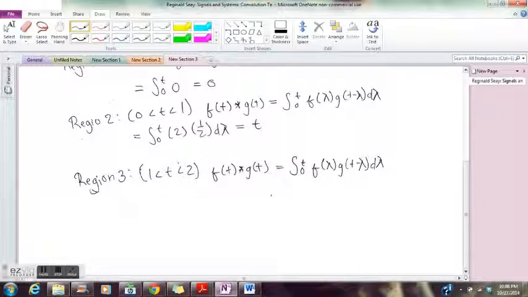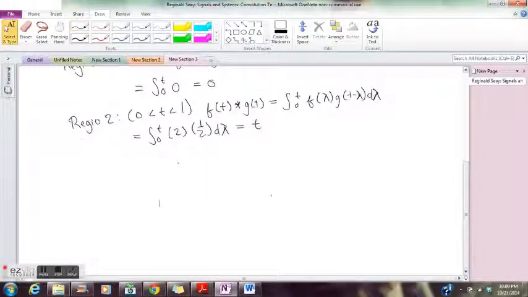It's just good practice to write down the integral from 0 to t of f of lambda times g of t minus lambda, because this is our convolution formula. So we write that down every time we do our convolution. Okay, so our limits for this one will change to become from 0 to 1 of 2 times 1/2 d lambda. Oops. I'll write that over again for you.